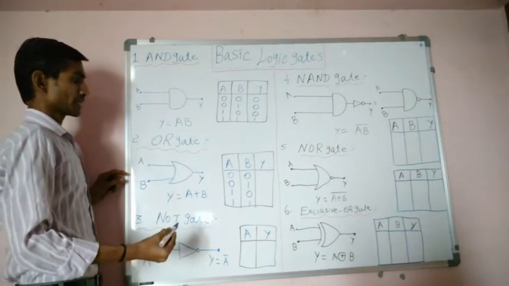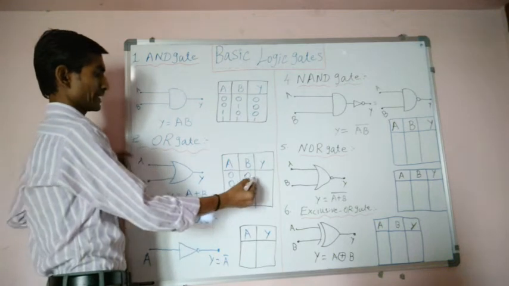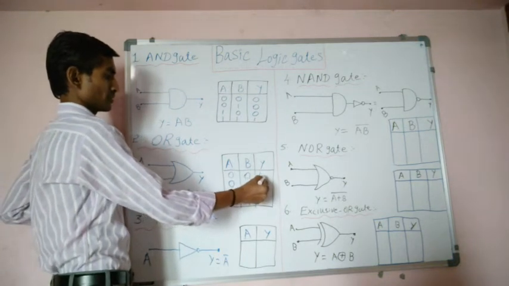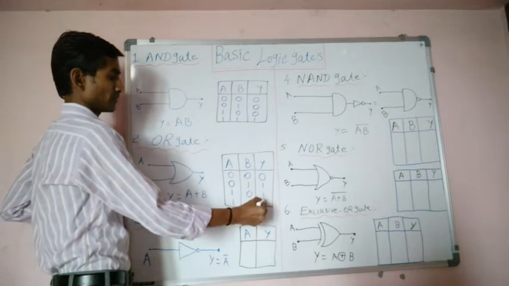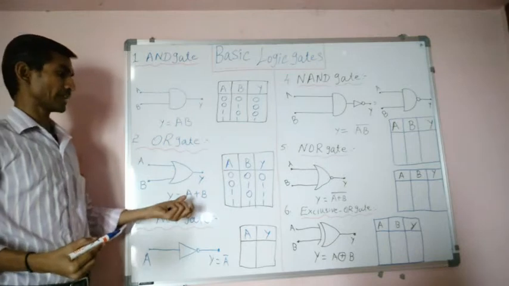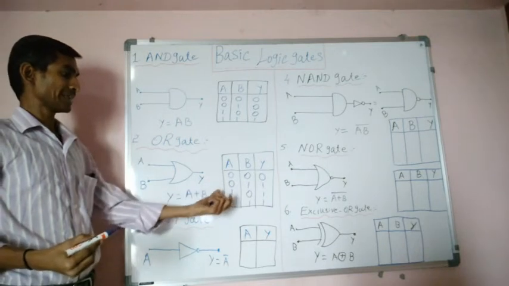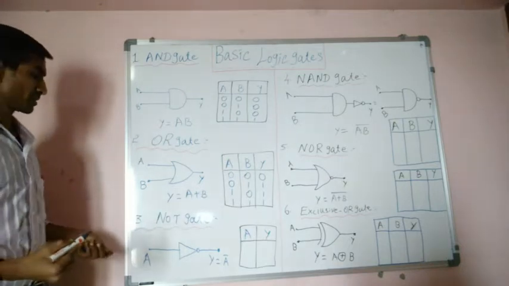Now we are going to get the output 0, 0, binary addition, 0, 1, 1, 1. So the OR gate is used to find the binary addition of two input variables.